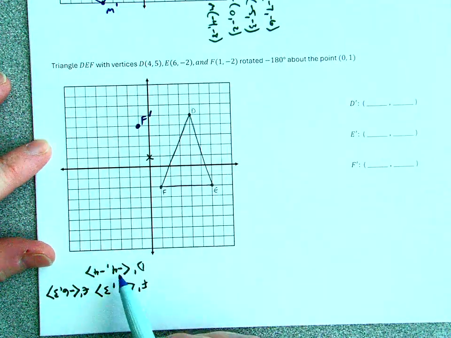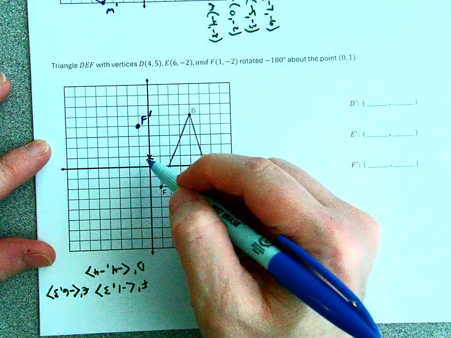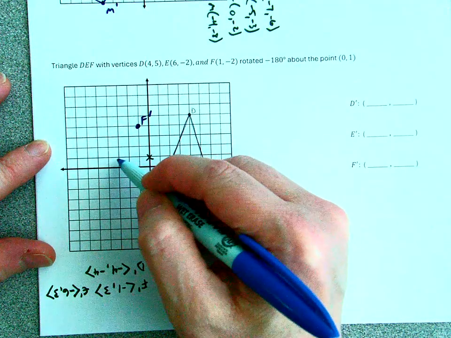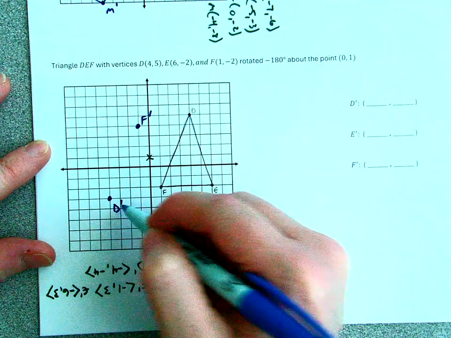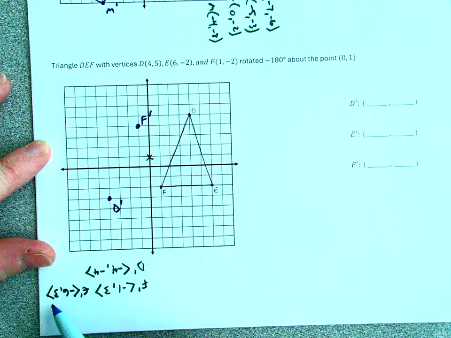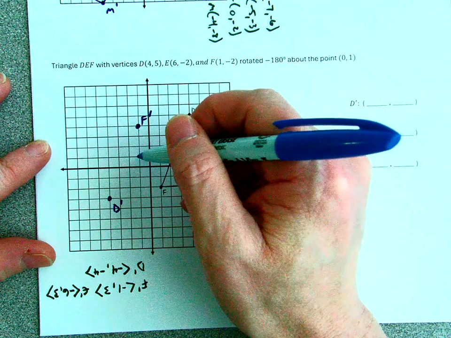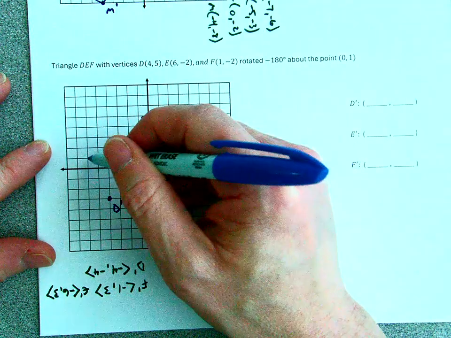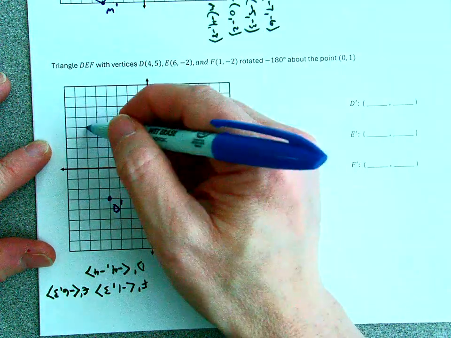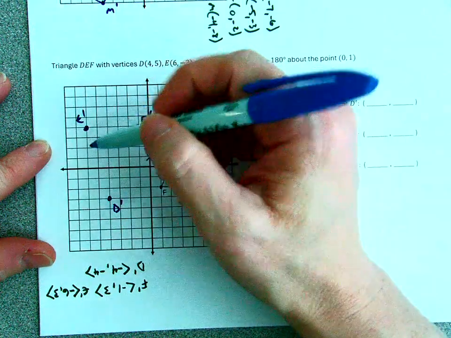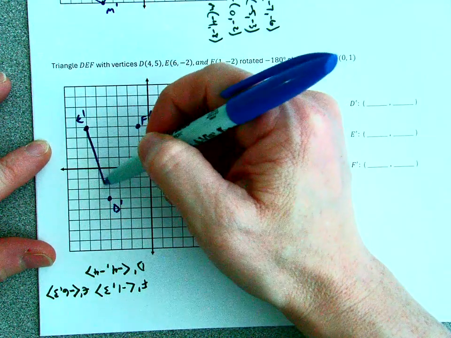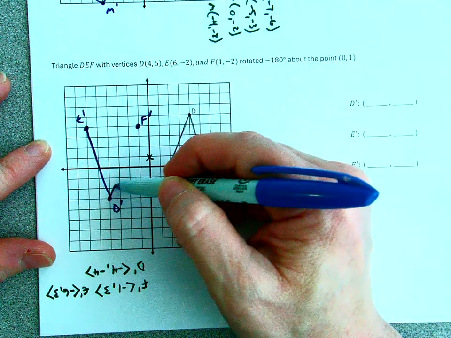D went left 4, down 4. So left 4, 1, 2, 3, 4, 1, 2, 3, 4. This is D prime. E prime went left 6, up 3. So from here, 1, 2, 3, 4, 5, 6, 1, 2, 3. That was E. And then again, I can draw my figure.